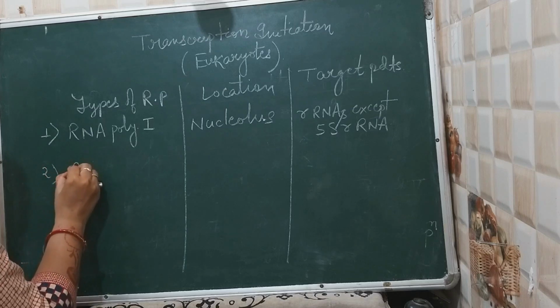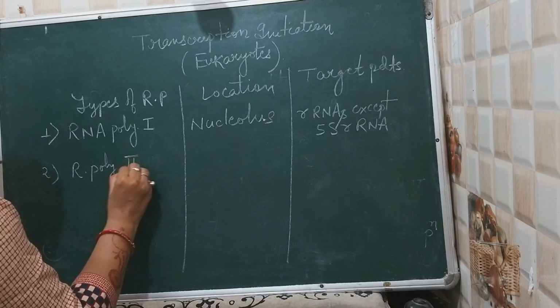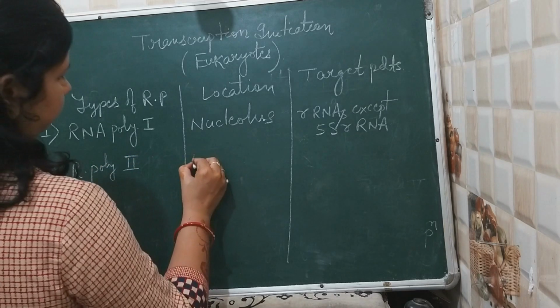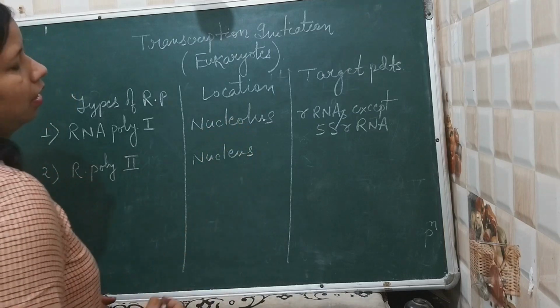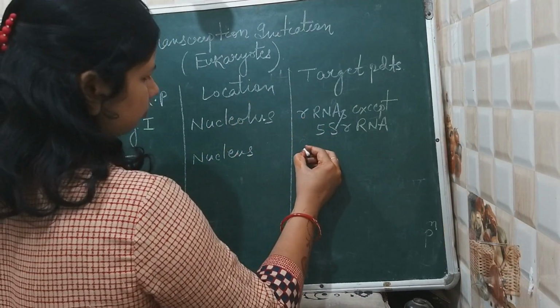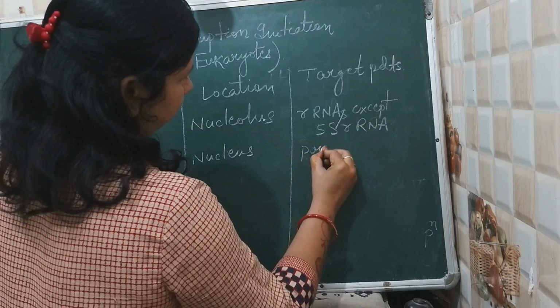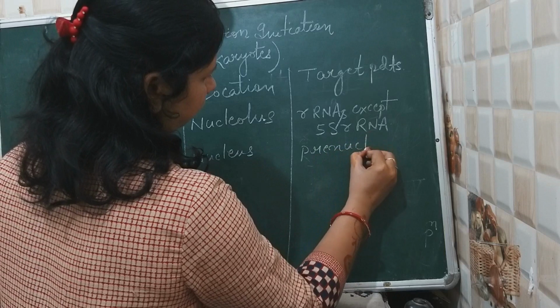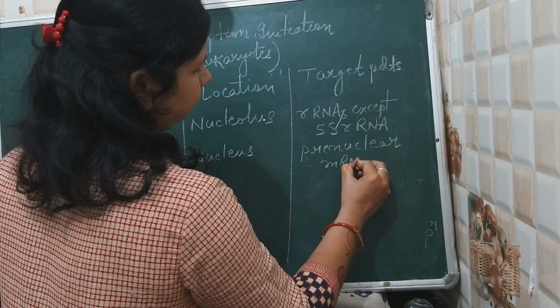Next is RNA polymerase type 2. It is located in the nucleus and it is mainly for synthesizing pre-mRNAs.